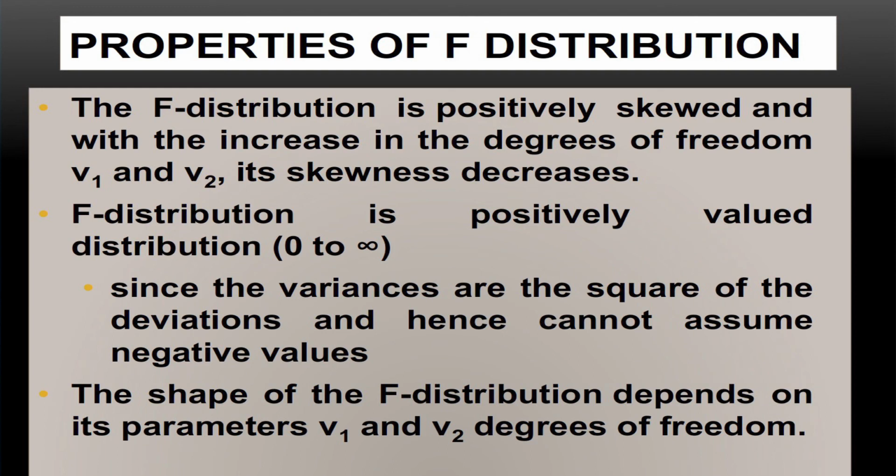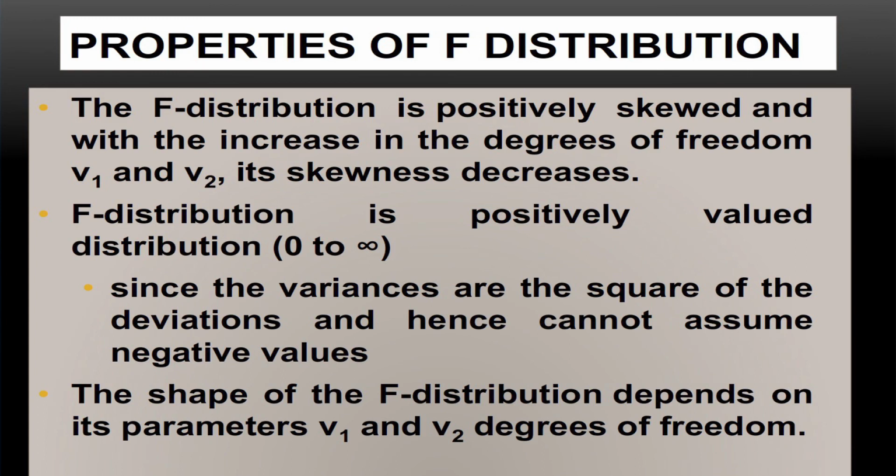The value of F distribution is always positive or 0, since it is the ratio of variances or squares of deviations and hence cannot assume negative values. Its value lies between 0 and infinity.